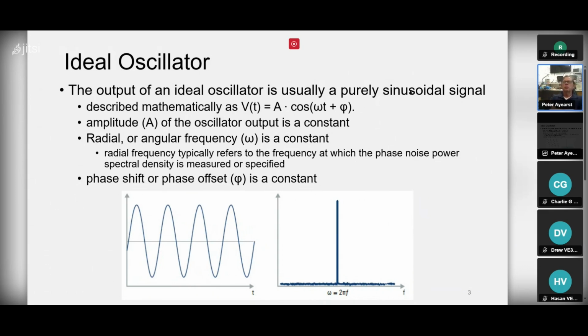The radial frequency typically refers to the frequency at which the phase noise power spectral density is measured or specified. I thought I understood this, but now I'm even more confused about it since we've been doing these noise measurements of late with the probe. And the phase shift or phase offset is also constant. This is just a pictorial showing a clean signal, no phase noise, no jitter. And that's the ideal world.